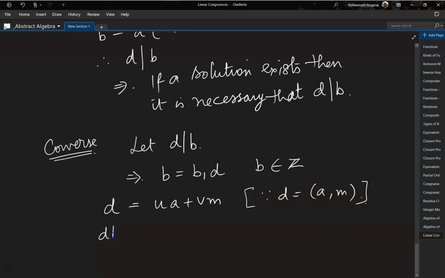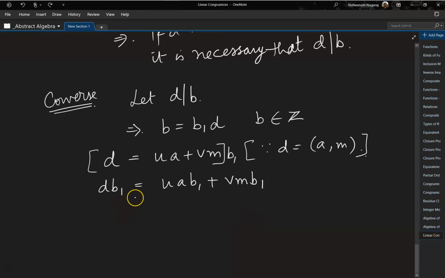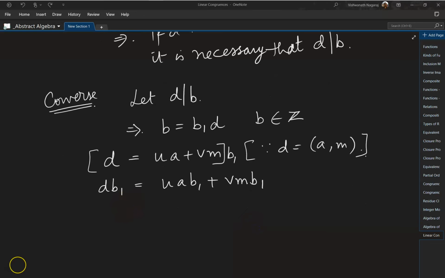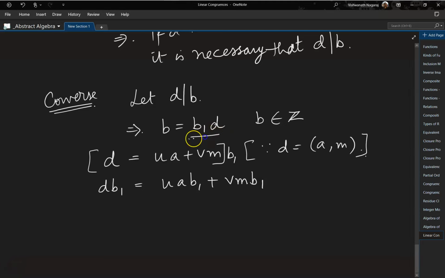Now we multiply the whole thing by B1. So DB1 is equal to UAB1 plus VMB1. We already know B1D is nothing but B. So B is equal to, let's do the grouping, AUB1 plus MVB1.